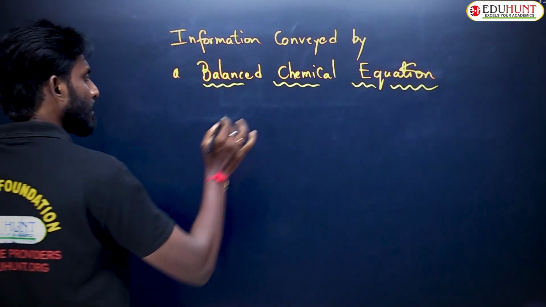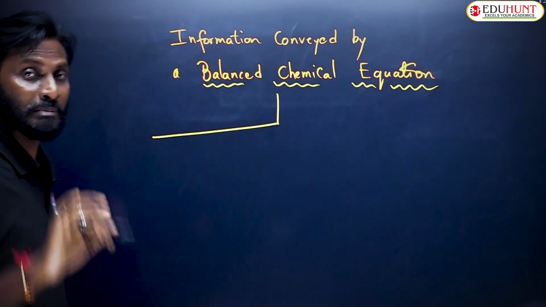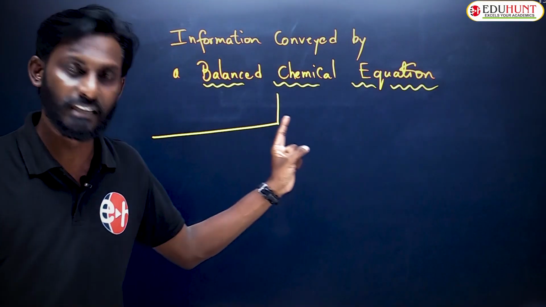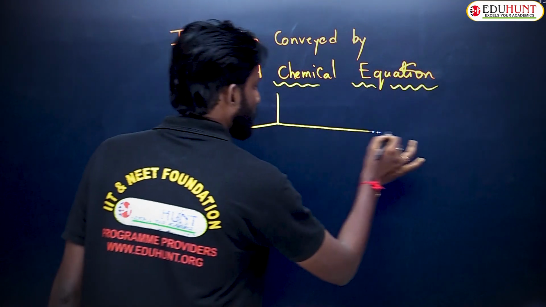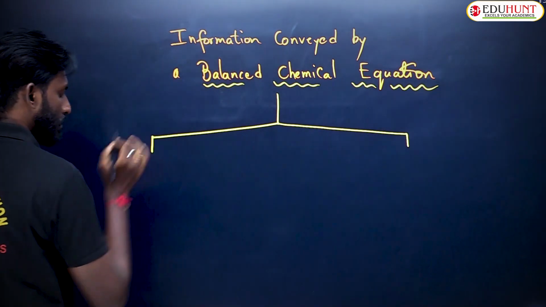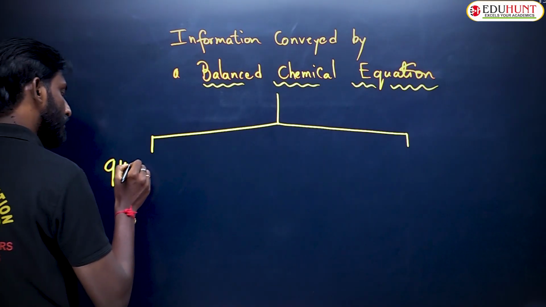The information conveyed by this balanced equation can be classified into two types. One is qualitative information.